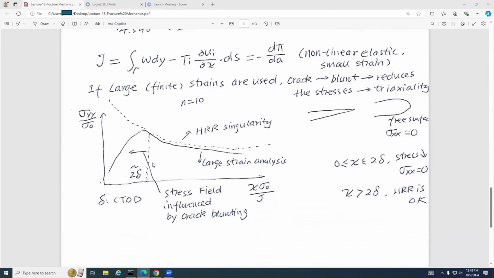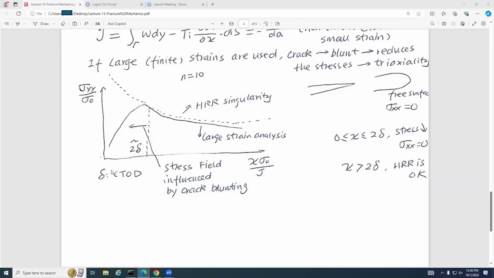So look at this curve. At the very beginning, delta is the CTOD, crack tip opening displacement. This is a normalized sigma yy. Here is the curve of the HRR singularity. Here is the large strain analysis, this solid one. This is a stress field influenced by crack blunting.